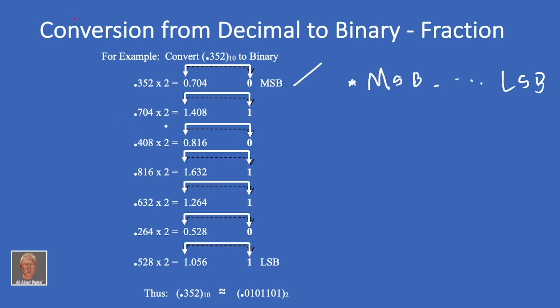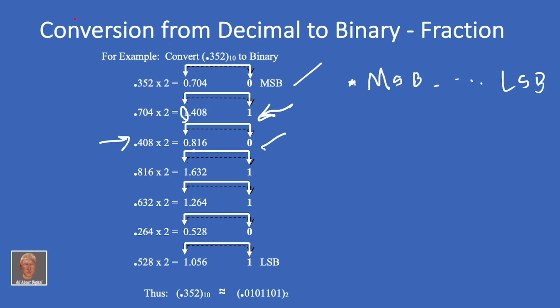Next we take the result of that multiplication, 0.704, and multiply that times 2, and we get 1.408. Since we got a 1 right here, the binary digit is a 1. Now we take the fractional portion and multiply that times 2, and we get 0.816. Since there's a 0 just to the left of the radix point, we write down a 0.